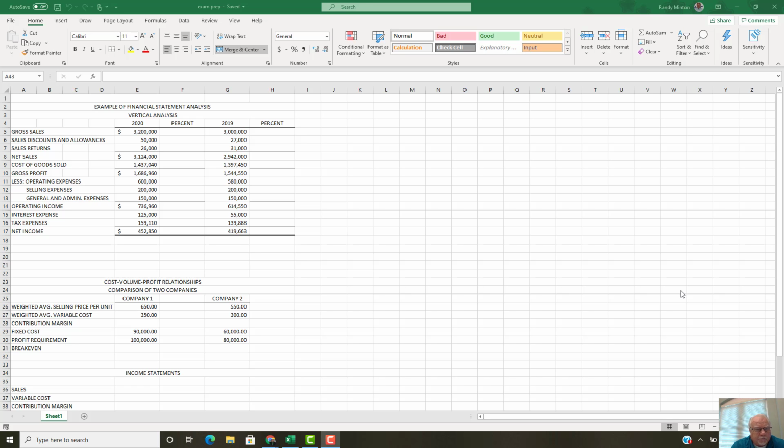Okay, so I want to talk a little bit about financial statement analysis, and I'm going to use vertical analysis here to start with, and I'll throw out some horizontal analysis so you can see that as well. But vertical analysis is the type of analysis that you typically see because it's the most useful, I think.